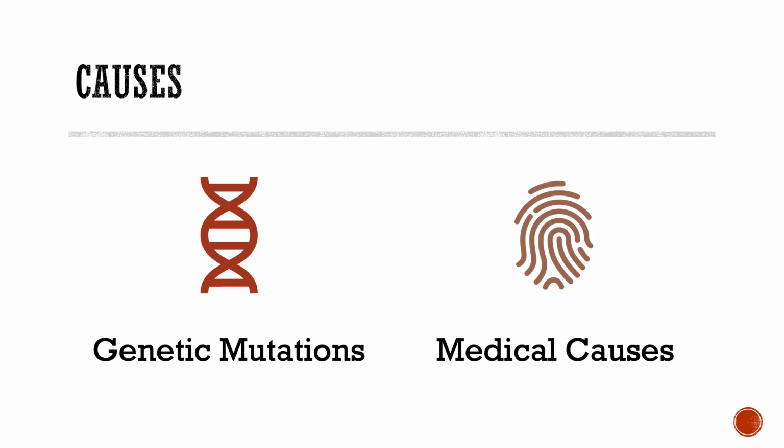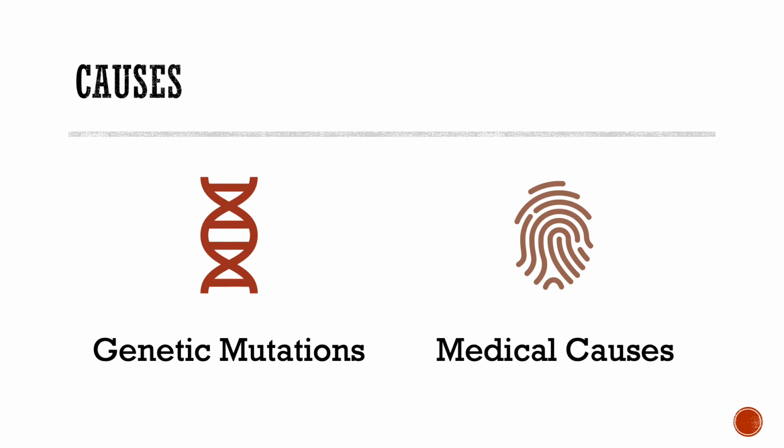So there are other causes for dwarfism, and these other causes can involve genetic mutations and/or medical causes. Genetic mutations can cause growth hormone deficiencies, and growth hormone is essential for growth and development. So without growth hormone, development may be stunted. Most occurrences come from genetic mutations in either the father's sperm or the mother's egg.